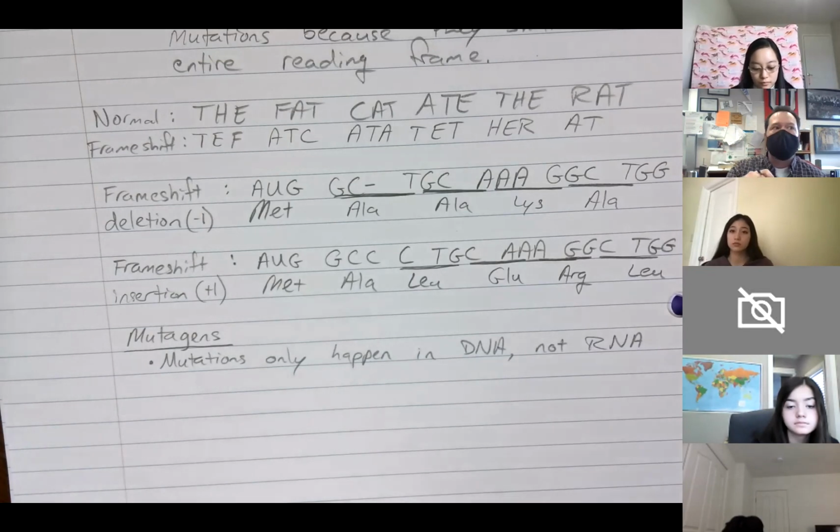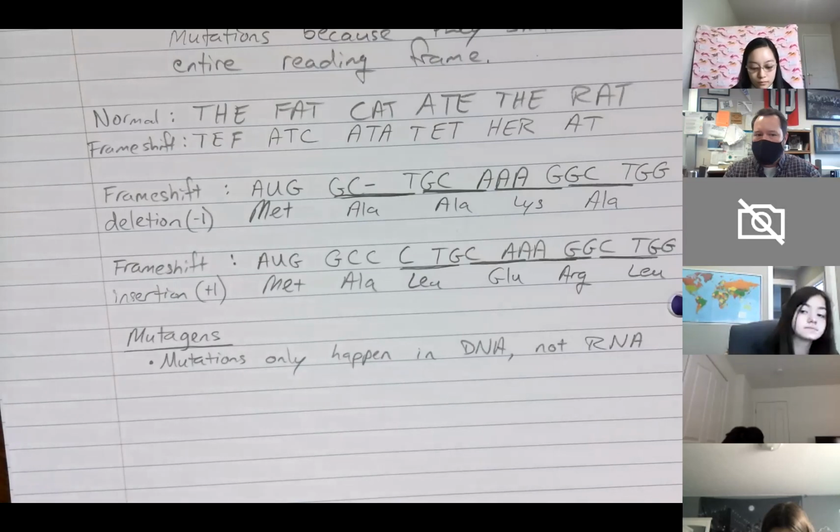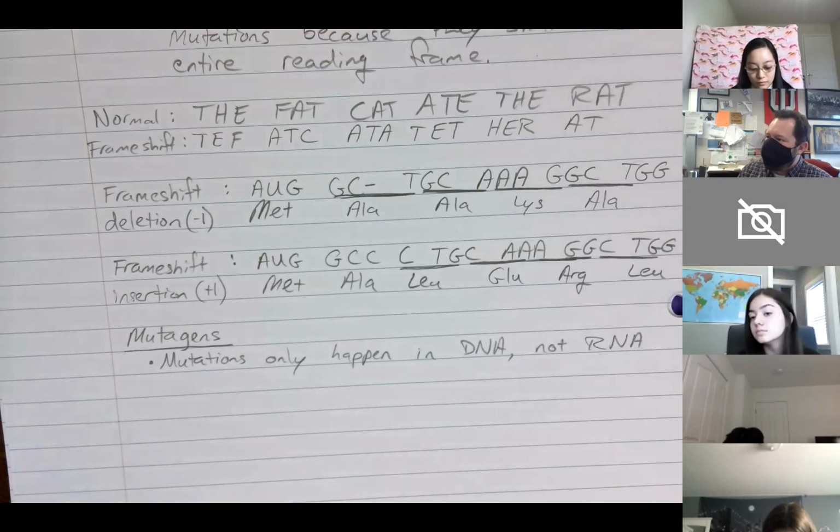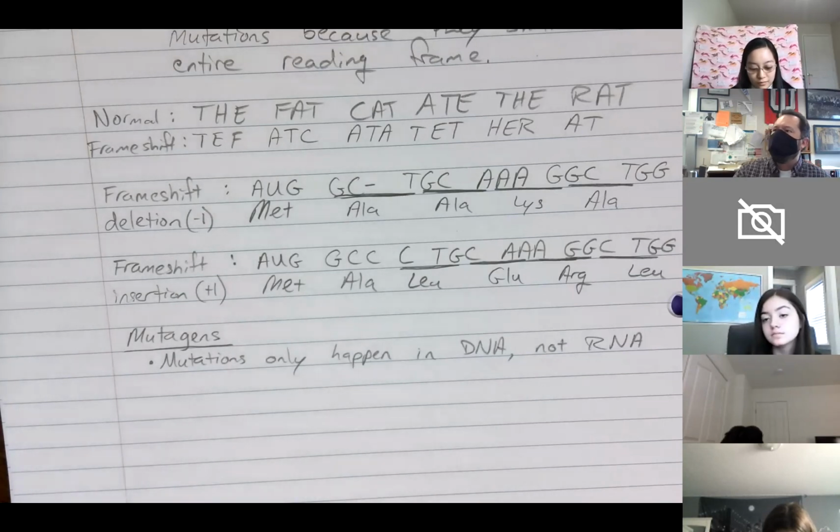It's okay. You guys remember we did translation, we diagrammed it, and we drew a whole bunch of the RNA polymerase, like 4 of them all transcribing the same gene. You have hundreds, maybe even thousands of mRNA strands each time you're translating a gene.